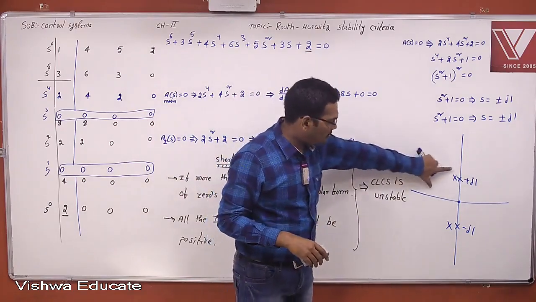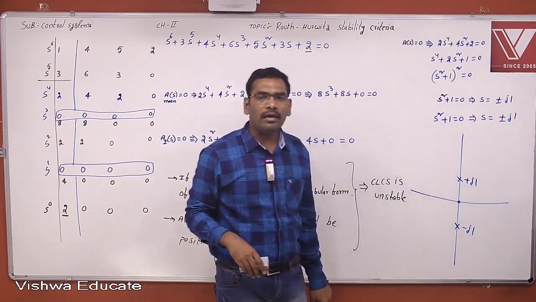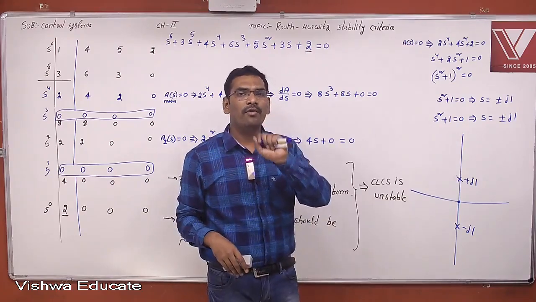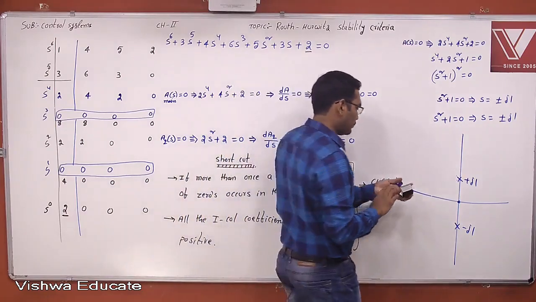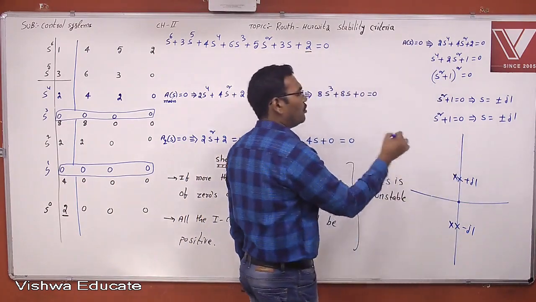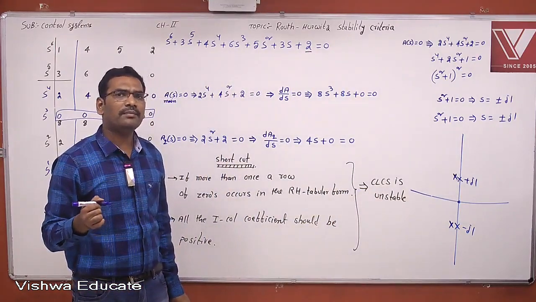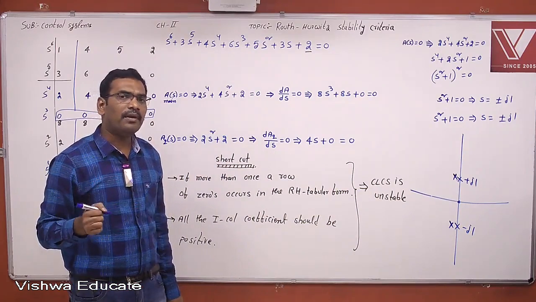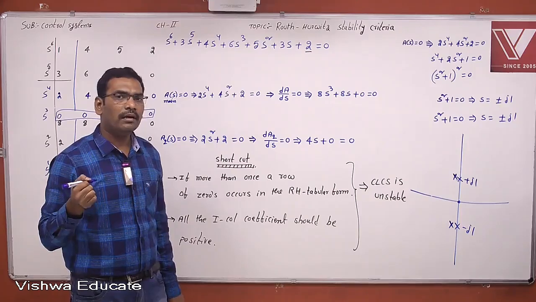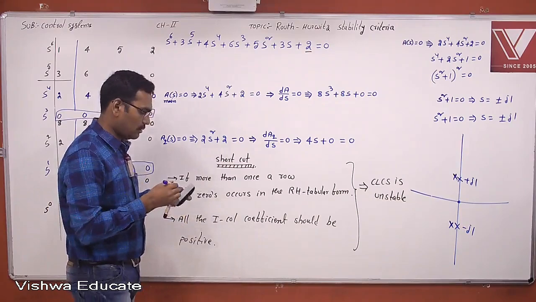But let us say this is only +j1 and this is -j1, non-repeated poles on the imaginary axis, therefore only one row of zeros occurs. So the number of times the row of zeros occurs gives the number of repeated and non-repeated poles on the imaginary axis. Then you just take this one.